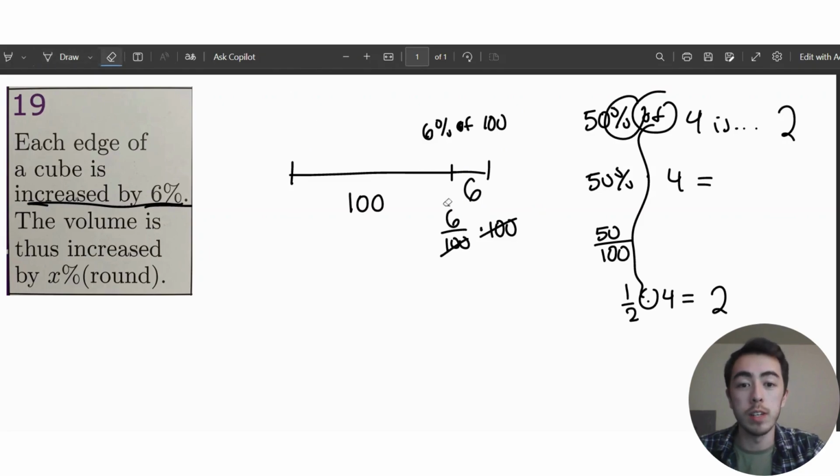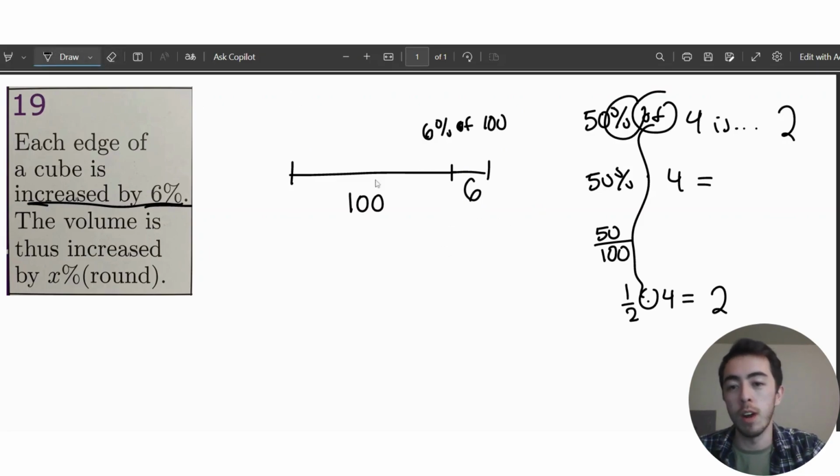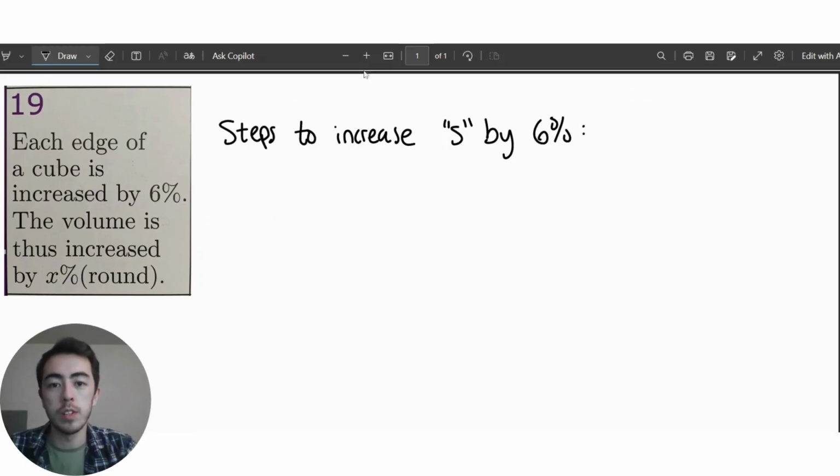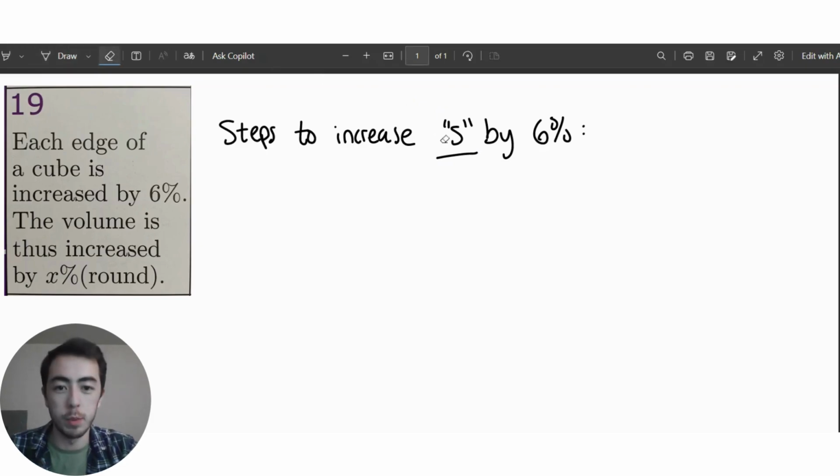If I'm increasing it by 6%, that's where I'm taking everything that I used to have and tacking on a little bit more. So if I increase 100 by 6%, I will get 106. Say I wanted to increase some side, I'll say S for side, by 6%.